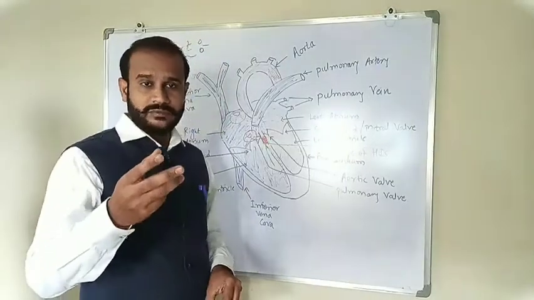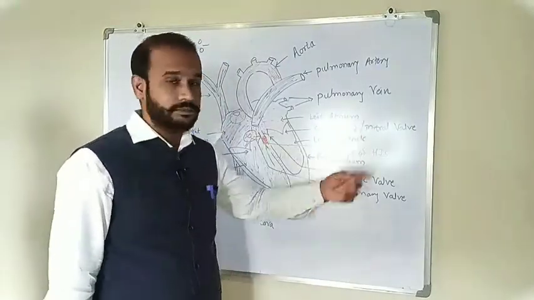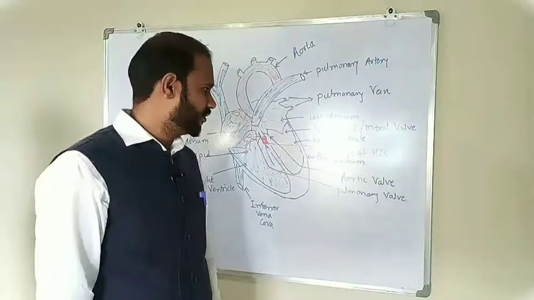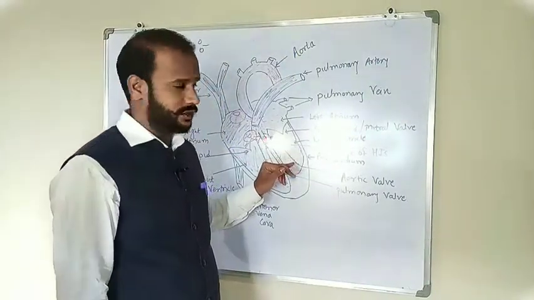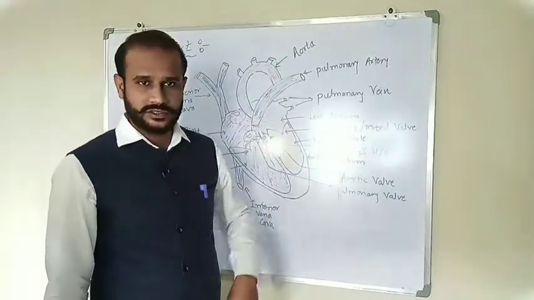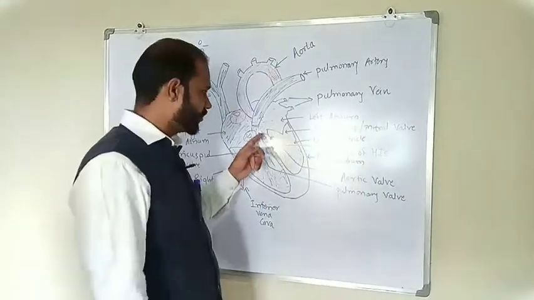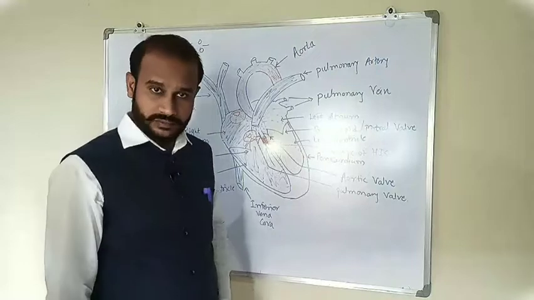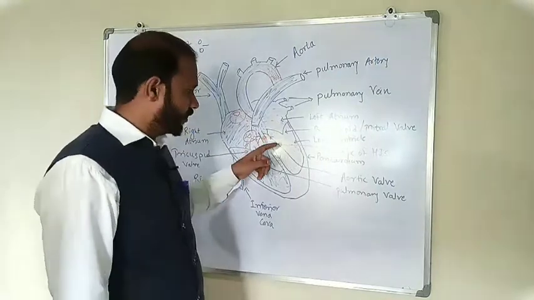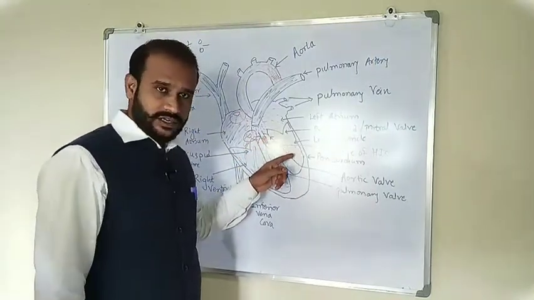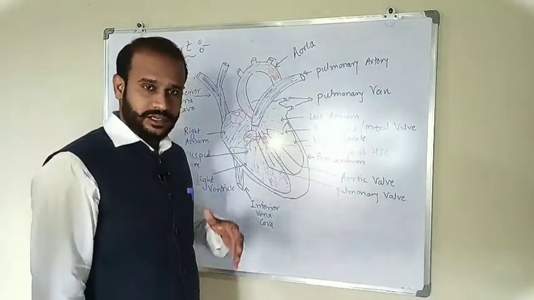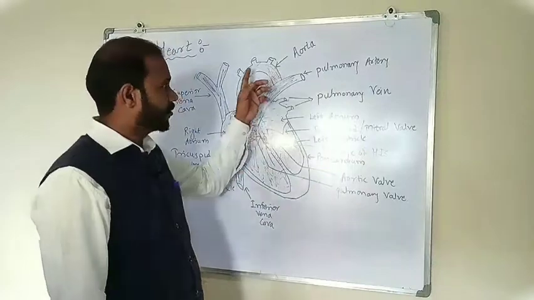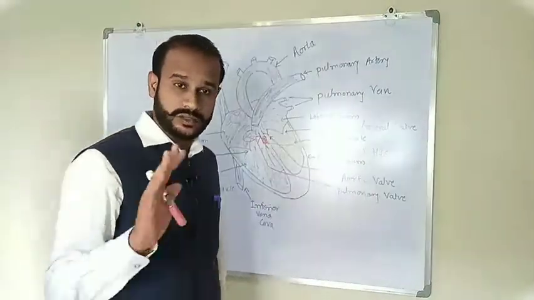What is another name for the bicuspid valve? Mitral valve, right? Now the left ventricle has oxygenated blood. That oxygenated blood passes to the aorta via which valve? Aortic valve. Alright. Whenever the left ventricle contracts, the aortic valve opens and the bicuspid valve closes, and the blood passes to all over the body.